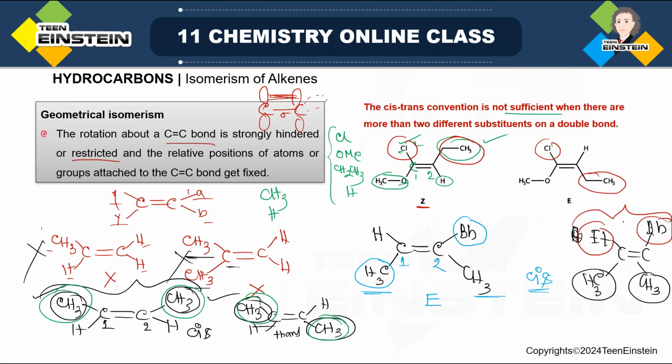So this is Z. And in this case it is Z, as well as, if you want to call it cis, though that is not the right way to do it, Z and cis are coinciding. But in the previous example, Z and cis are not coinciding. It is cis, but it is E. Okay, this is the difference between E and Z. It is not necessary that cis will always be associated with Z. There is no such thing, right?